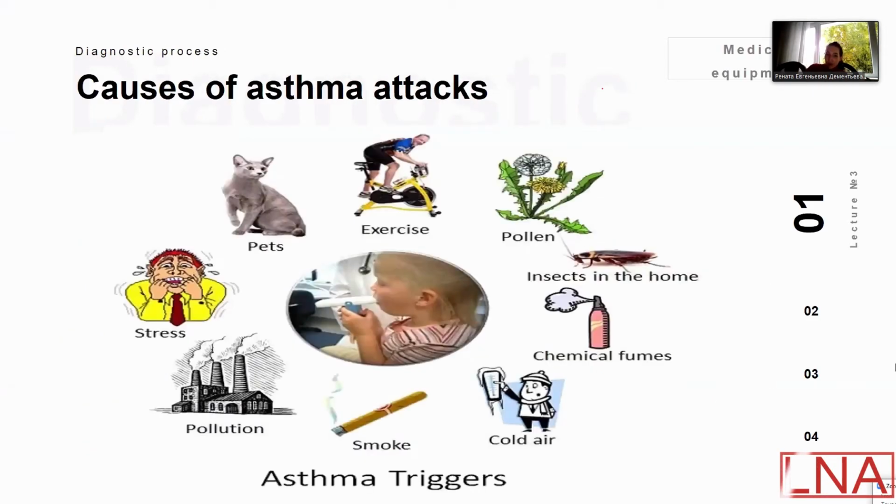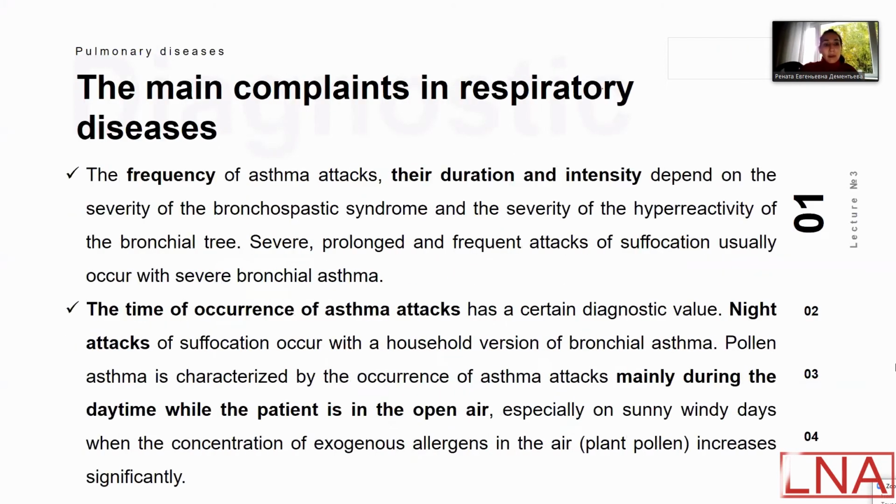It can be cold air. Some patients will tell you that coming out of the home into contact with cold air starts the development of paroxysmal episodes of suffocation. It's also a reason for developing bronchial obstruction syndrome on the basis of an asthma attack.